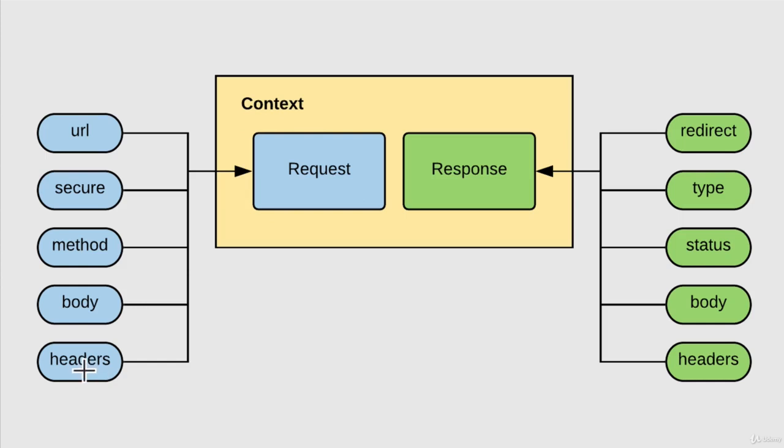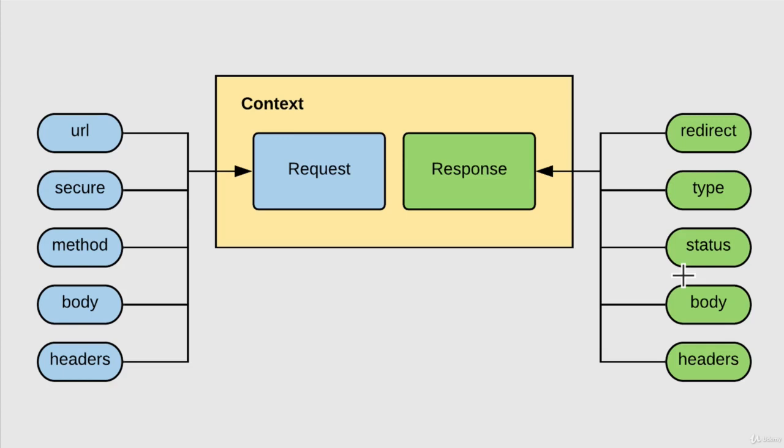Now, we'll see more of this in the coming videos, but for now, let's look at the status flag. The status method allows us to set and get the HTTP status code of the response that we send back. So that could be 200 for a success, or a 500 for an internal server error. Again, we'll go over all of this in more detail in the coming videos.